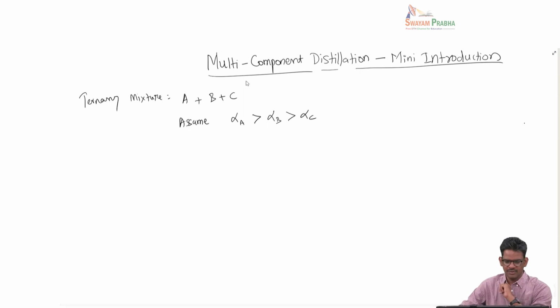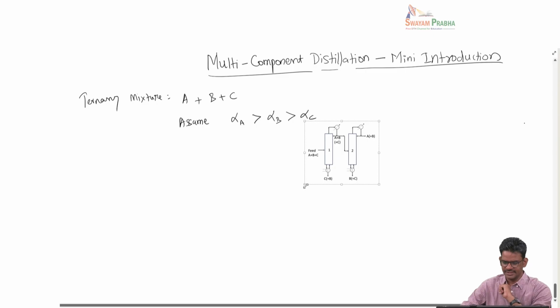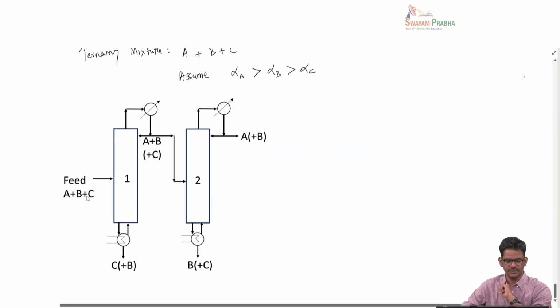For this particular problem, let us say I have this particular setup. Here the feed contains all the components A, B, C with certain mole fractions. We can have a scheme or a topology of the design such that we have the first distillation column in which predominantly A and B are the top products.